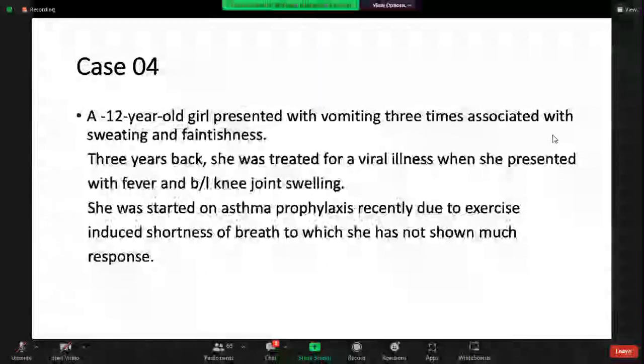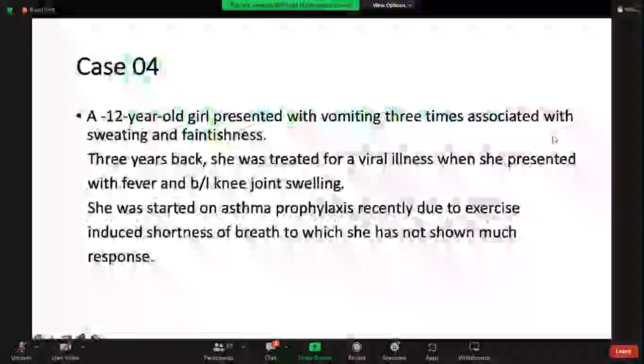So how would you manage? So this is the management of rheumatic carditis leading to heart failure. What are the management strategies?